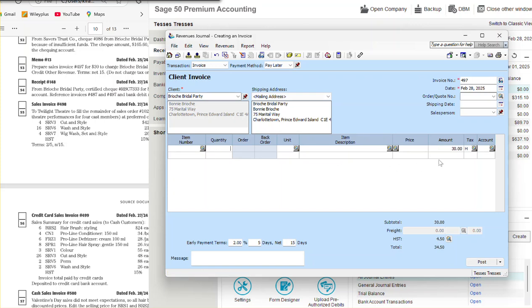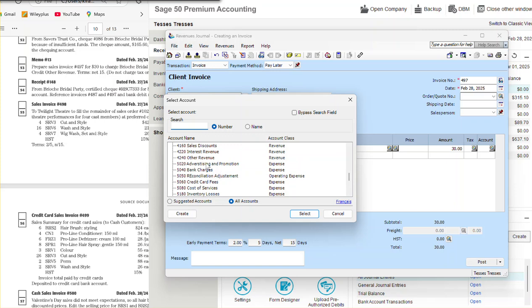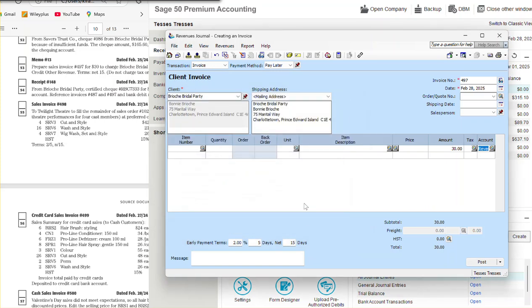So you could enter the amount as H, and then we charge it to the other revenue account, which was 4240. We will select it, and that's the amount you're going to be charged. There's no 2/10, net 30 for this, or 2% on this.